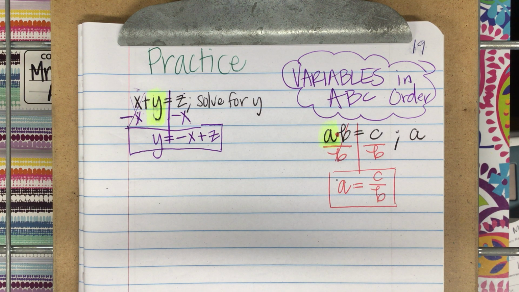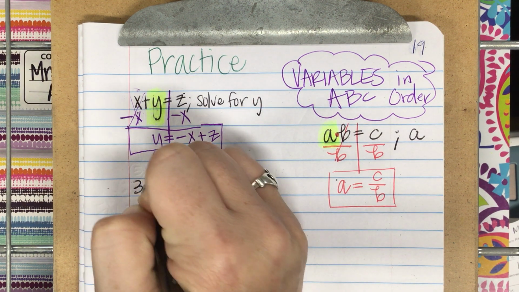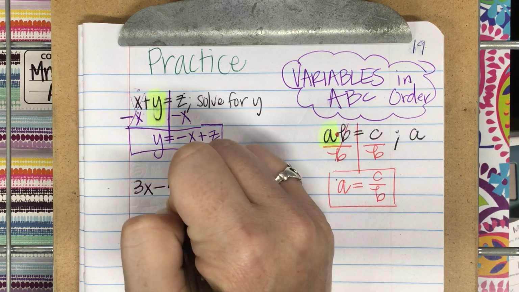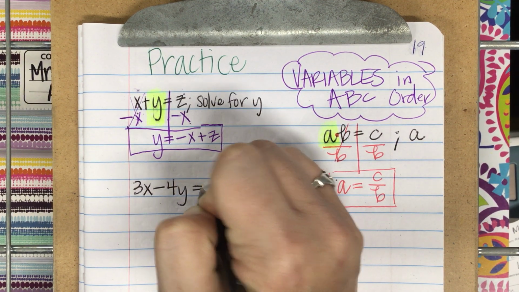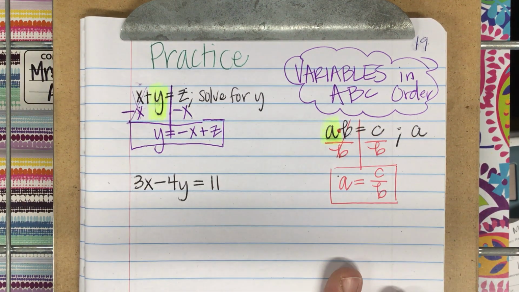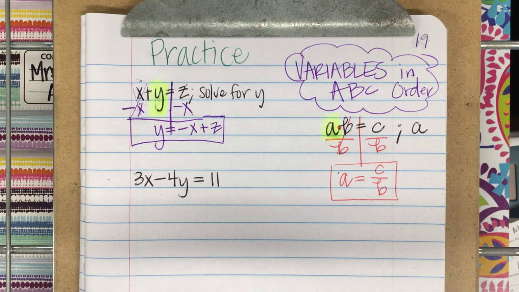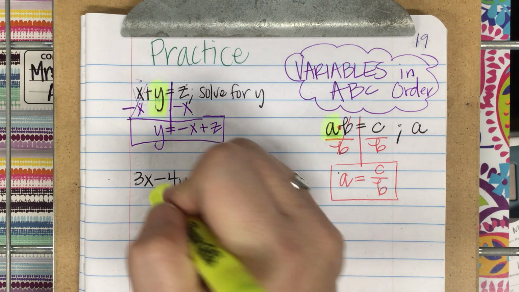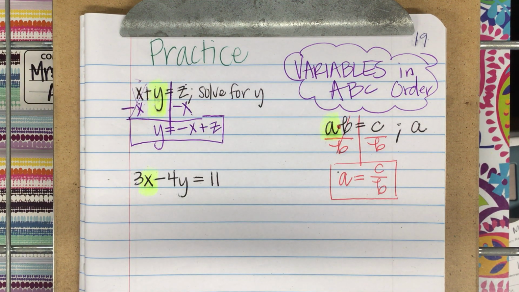Let's try a two-step. 3x minus 4y equals 11. And let's solve for x.